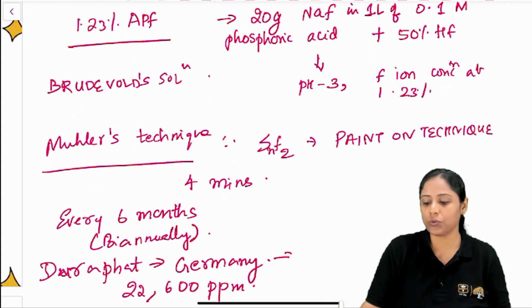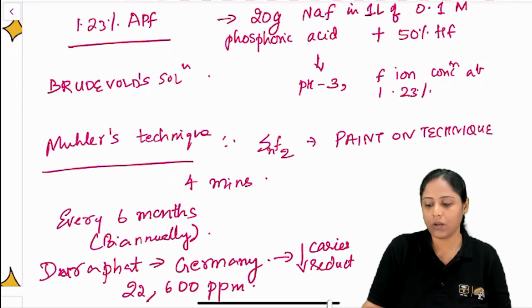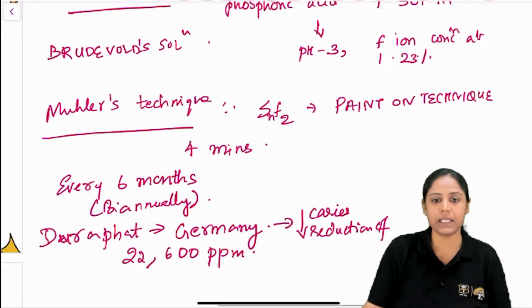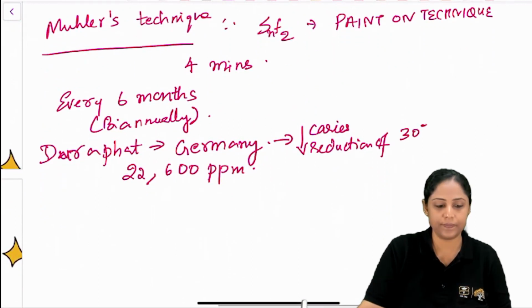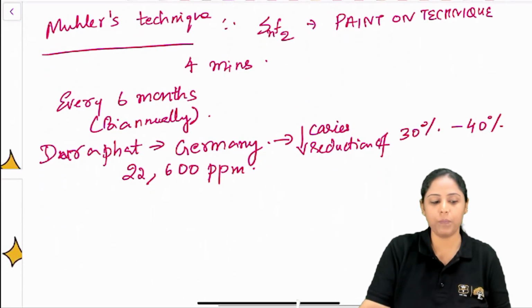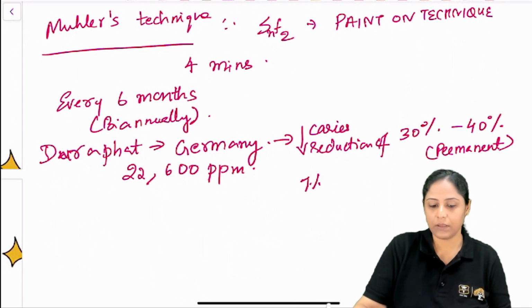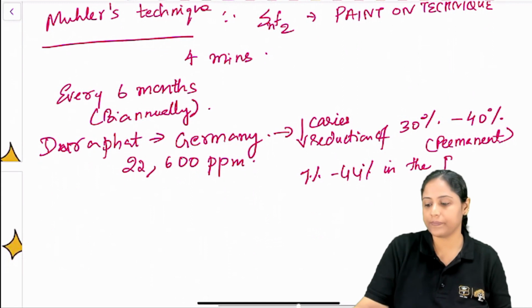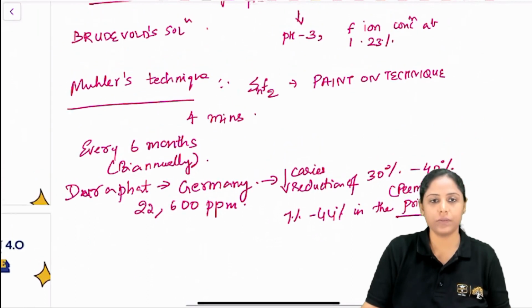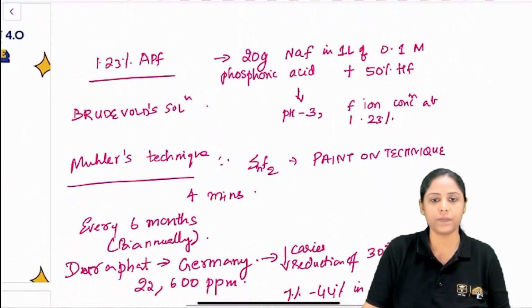So Durafat has shown caries reduction of 30% to 40% in the permanent dentition and 7% to 44% in the primary dentition. So that is about the fluoride concentrations.